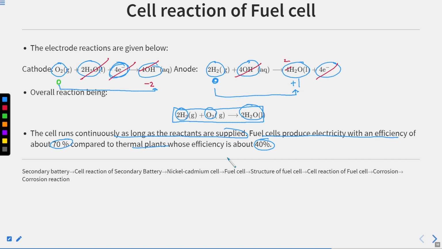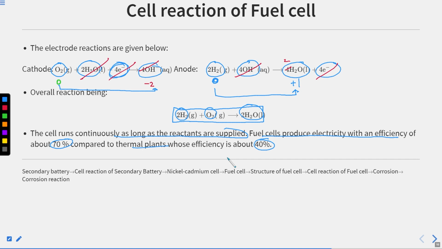Since dissipation happens in multiple steps, the possibility of energy getting dissipated is much more. In the first step you get dissipation, second step dissipation, third step dissipation of energy, and that results in a lower output than the expected output.